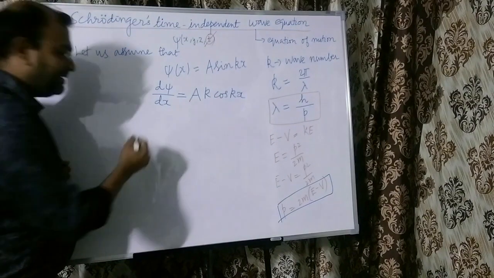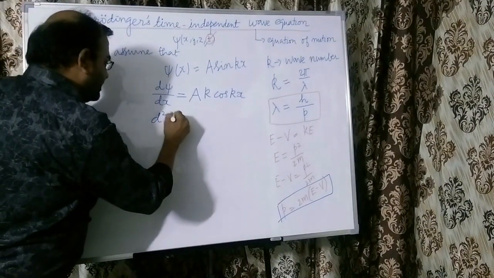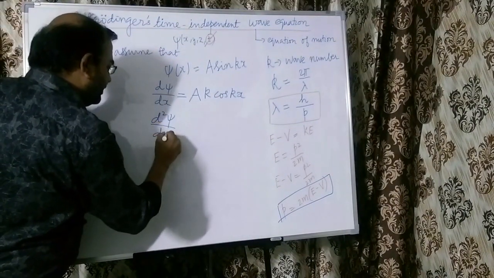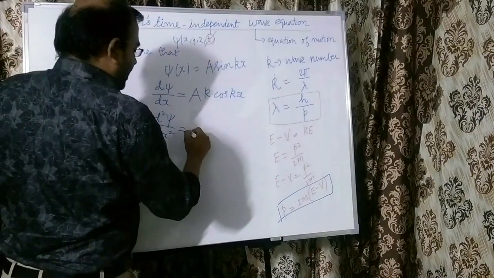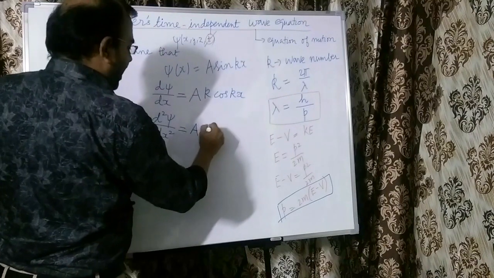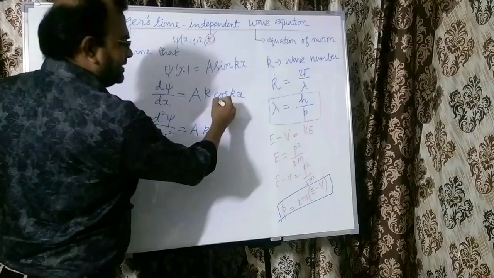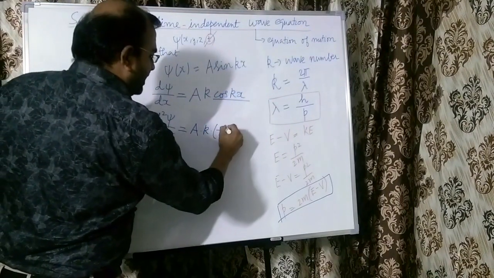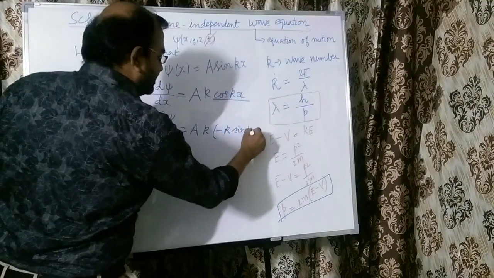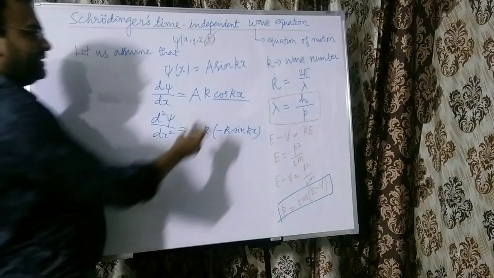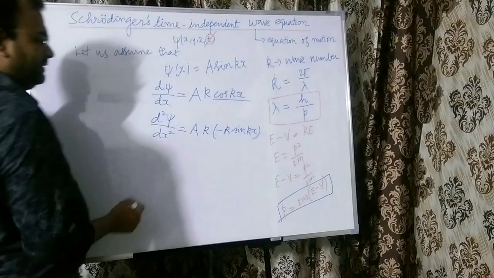If we take the second derivative, d square psi by dx square, then A into k cos kx, and the derivative of cos kx is minus k sine kx.